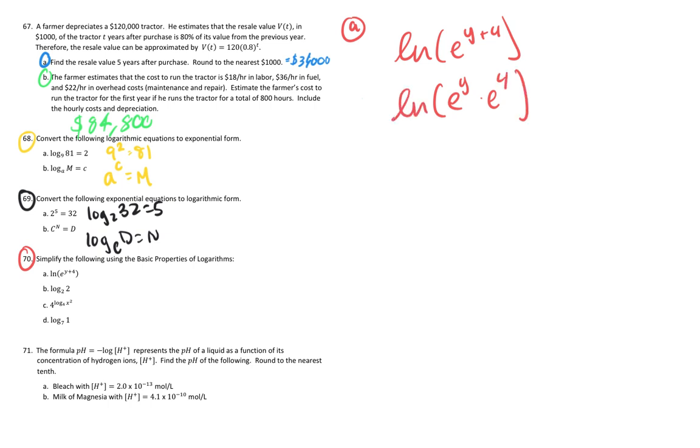And when we have things multiplied inside of a log, they're really two logs added together. So we can rewrite this as natural log of e to the y plus natural log of e to the 4. And then we know e and natural logs are opposites of each other, so they're going to cancel out. So then we're left with y plus 4.